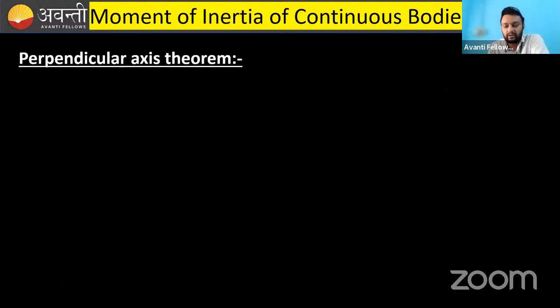There is another theorem, the perpendicular axis theorem. One limitation of this theorem is that it is applicable only for two-dimensional bodies, that is, planar bodies. Examples of plane bodies: for a disk it is valid.